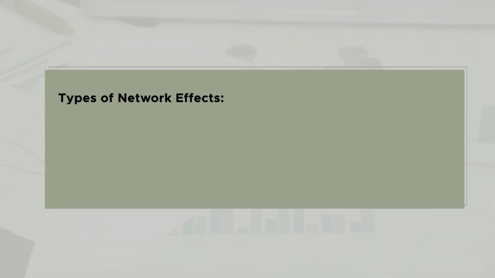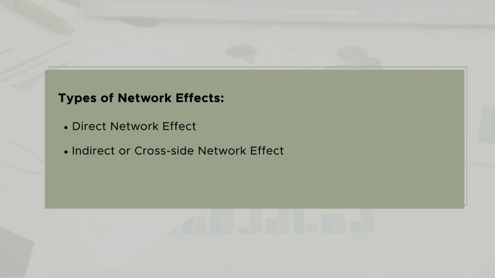Let's look at different types of network effects. There are many types and categories, but we will discuss three types of network effect. One, direct network effect. Two, indirect or cross-sided network effect. Third, two-sided network effect. Let's look at the direct network effects now.